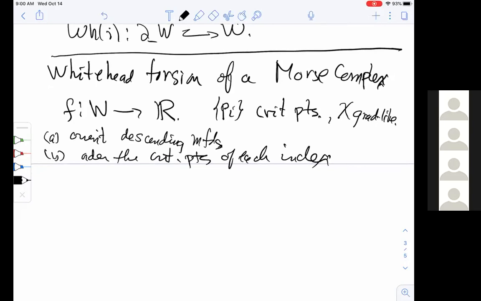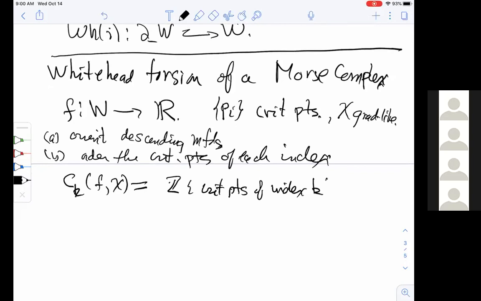With these choices, we took C_k(f, χ) to be the free abelian group generated by the critical points of index k. And the boundary map from C_k to C_{k-1} was given by, well, you can give it in purely homological terms, but it's also nice to think about it assuming that you perturbed χ so that the descending and ascending manifolds are transverse.